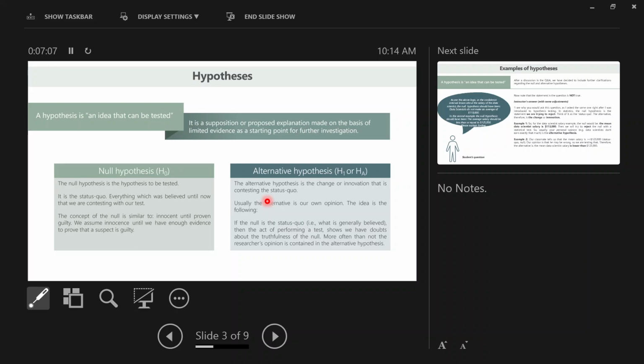So we are saying that usually the alternative is our own opinion. The idea is the following: basically you have what has been there. You come with your own opinion and say, no, this is how I think about this problem. I want to innovate.